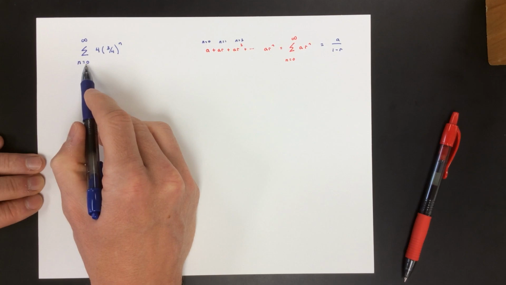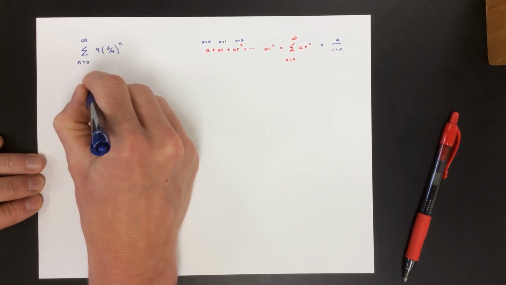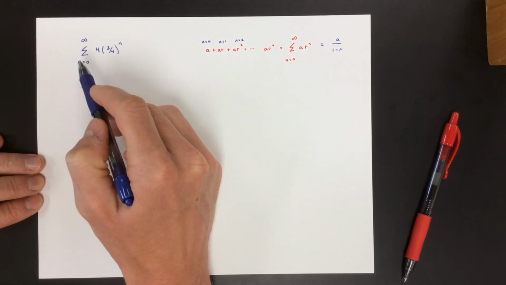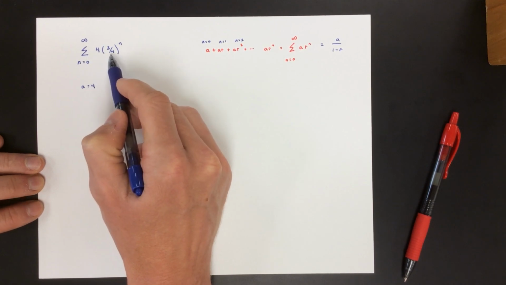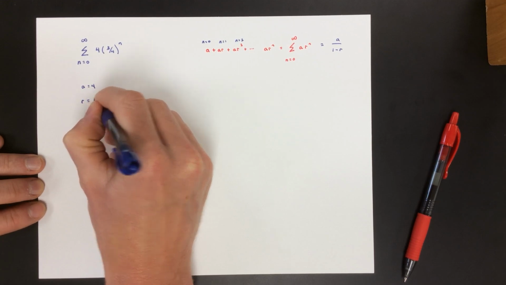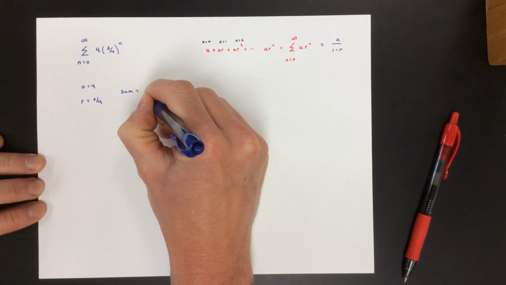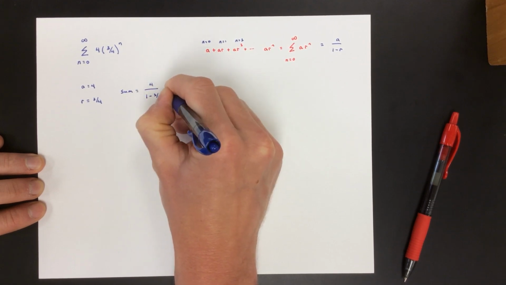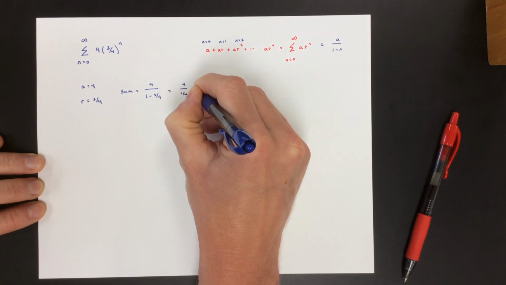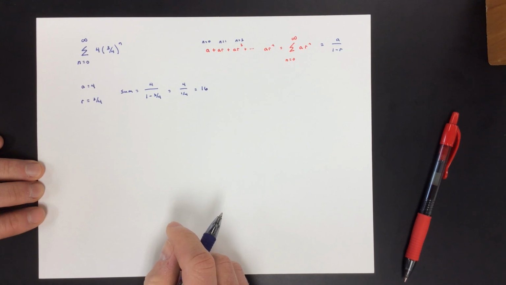If n equals 0, then the first term is just 4, so we know that a is equal to 4. When I keep letting n go up, from 0 to 1 to 2, I'm getting one more factor of 3/4. So you can easily tell that r is 3/4. Thus, the total sum is a over 1 minus r, 4 divided by 1/4, which is in fact 16. So you get 16 in that case.